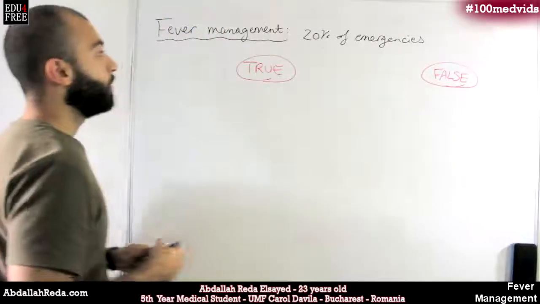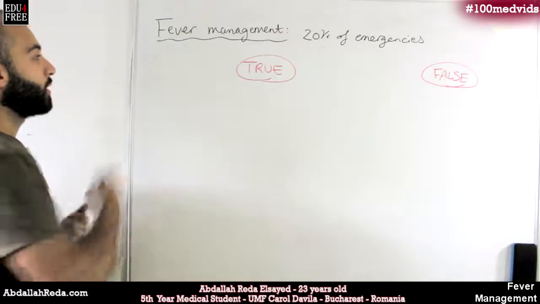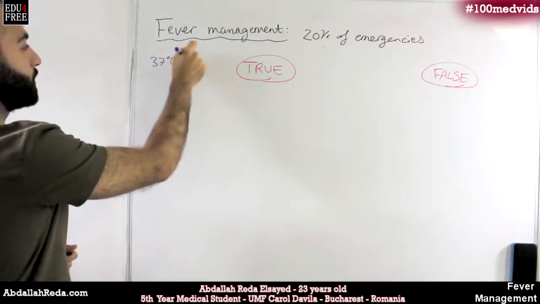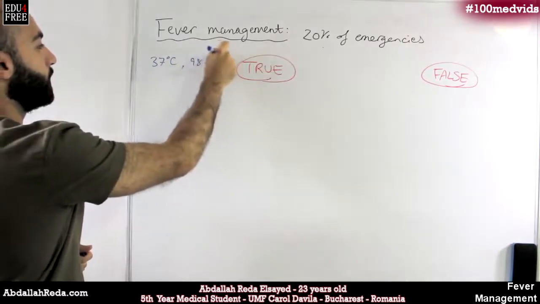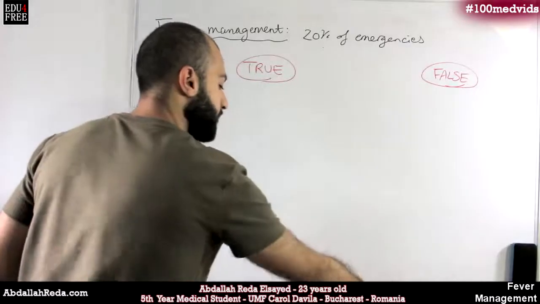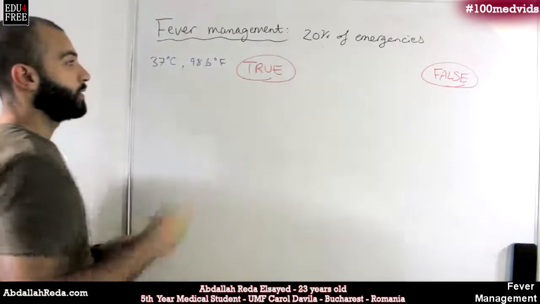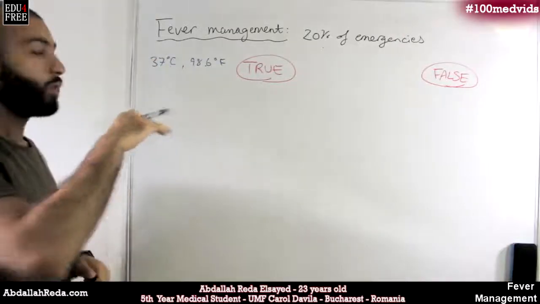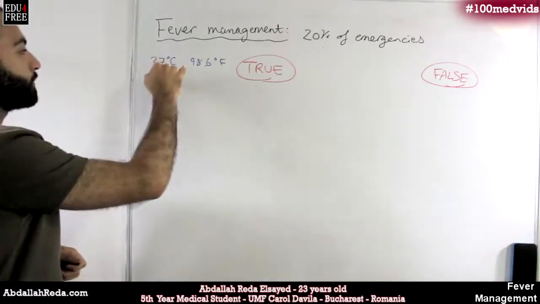Now, first of all, we have to know what is fever. So, normally the body temperature is about 37 degrees Celsius or 98.6 degrees Fahrenheit. Fever means that we have a rise in this temperature of about 1 to 1.5 degrees Celsius.